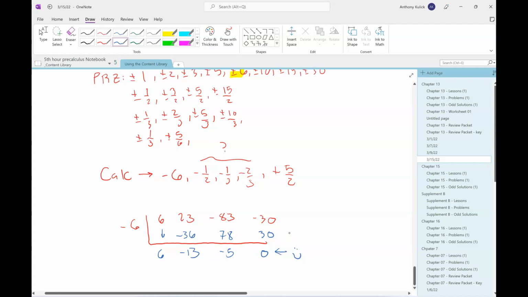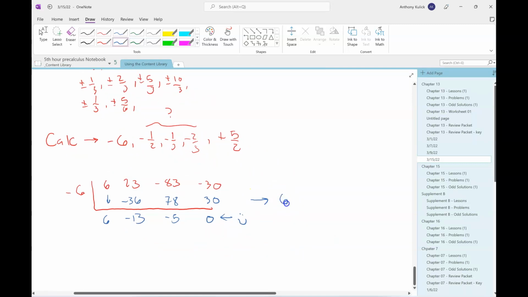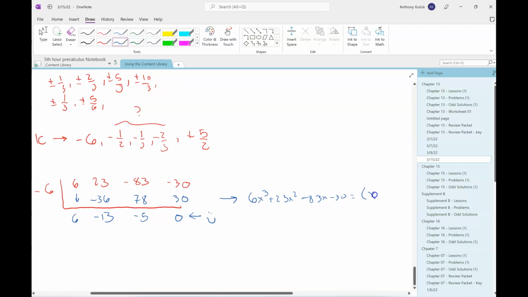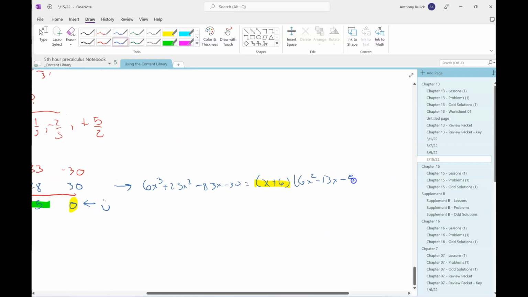I got remainder 0, which means that's good. That's a factor. So what I can conclude from this is that 6x cubed plus 23x squared minus 83x minus 30 factors to x plus 6, since when I divided by negative 6, I got remainder 0, times 6x squared minus 13x minus 5.